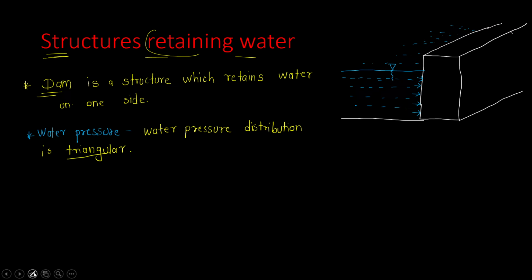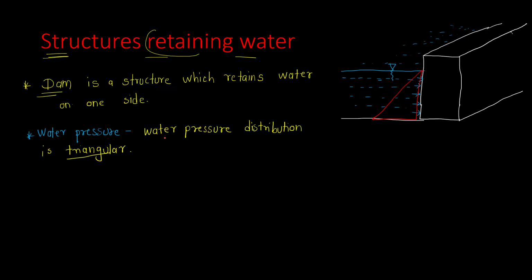So what do we mean by triangular in shape? We will draw it in this diagram. Up to this height water is present. To understand the pressure: the pressure at the top surface of water is 0, and as we go down, the pressure keeps on increasing. If we draw a diagram, it will resemble a triangle.